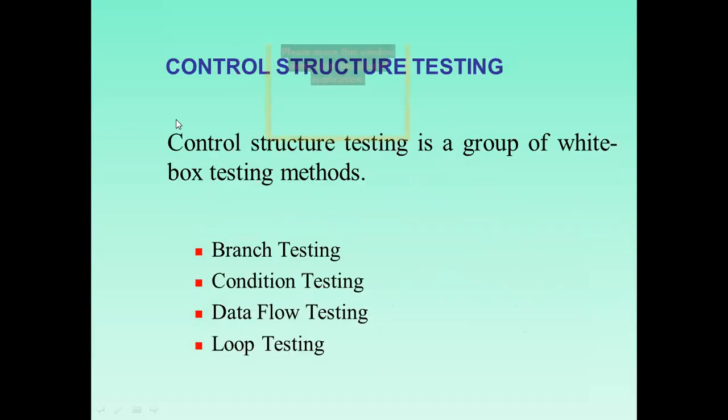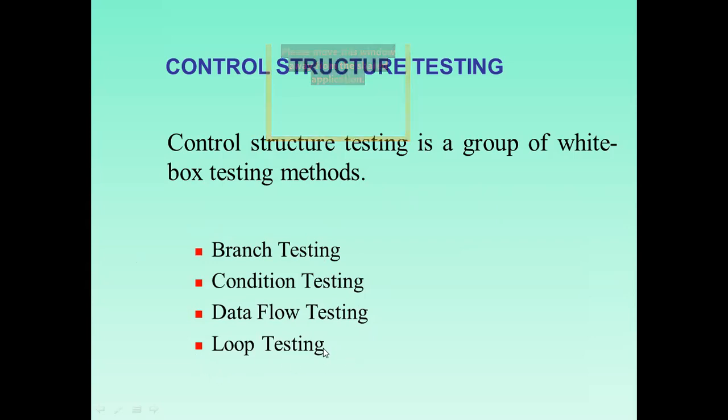Okay, now control structure testing, because the program contains the control structure or the data flow, and control structure testing is a group of white box testing methods. So the white box testing method involves branch testing. So we can do the branch testing, condition testing, data flow testing, loop testing.